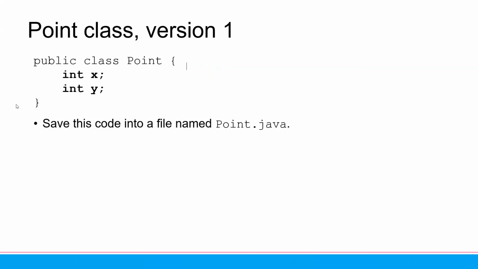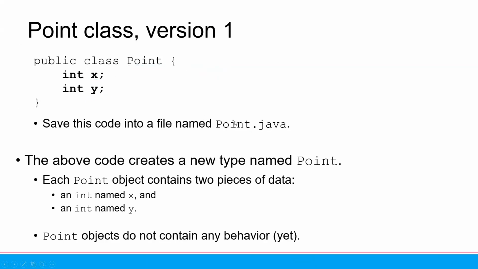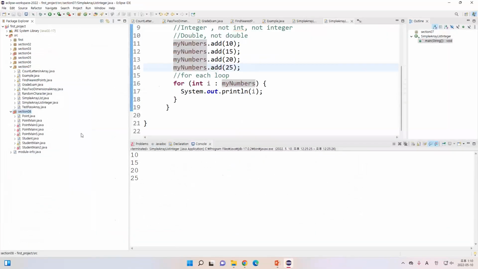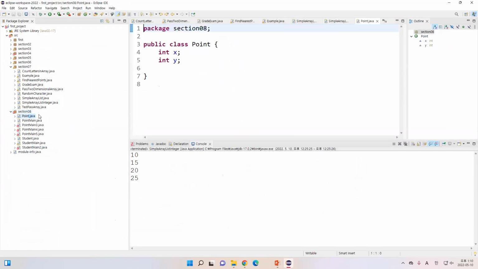The class Point will have only integer x and integer y. Let's save this code into Point.java. You will see Point.java. In this Point.java, we have only simple variables like this.